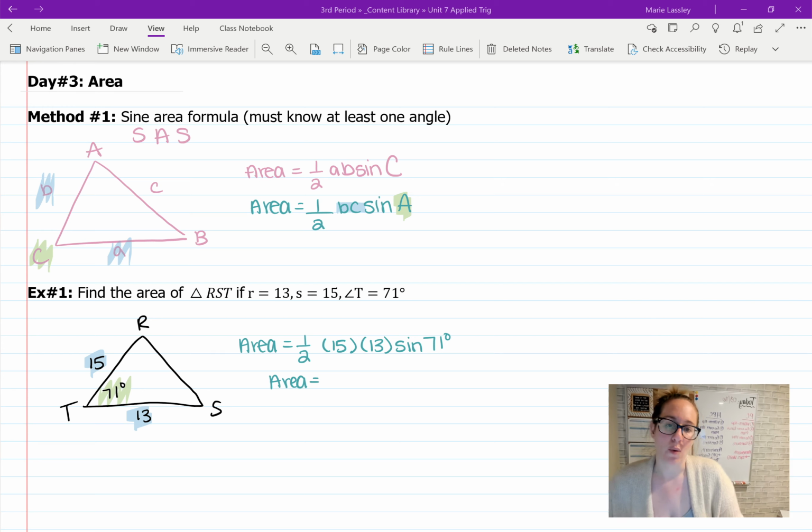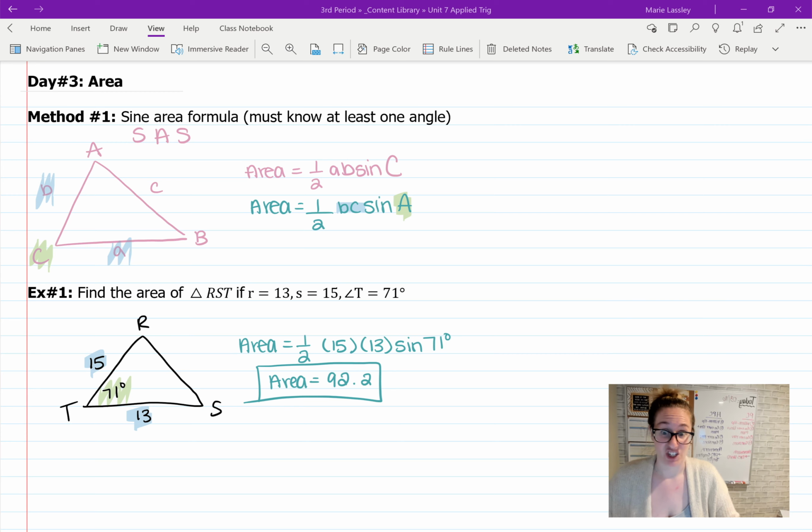The only time we don't want to round to the nearest tenth is when we're doing angles. We always want to round angles to the nearest whole number. But since this is an area, we want to round it the same as we would a side. So we're going to do this to the nearest tenth. That's going to give me 92.2 for my area.